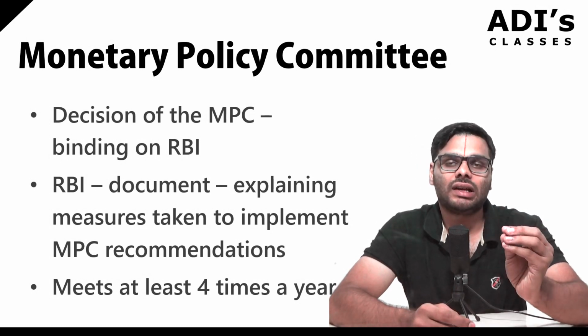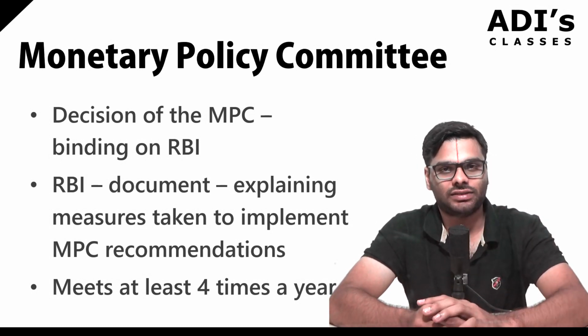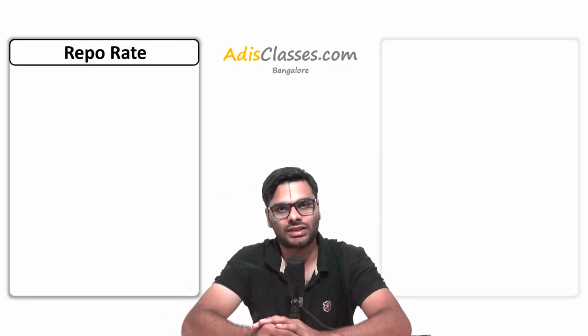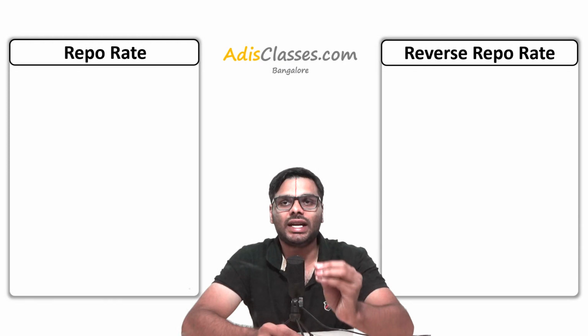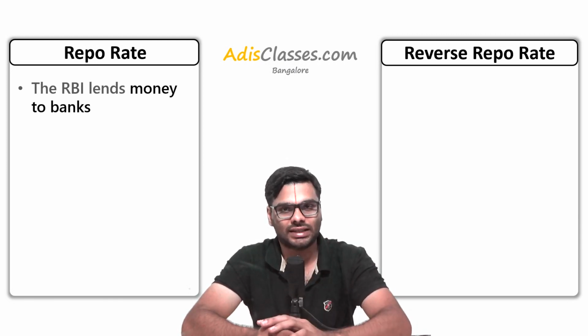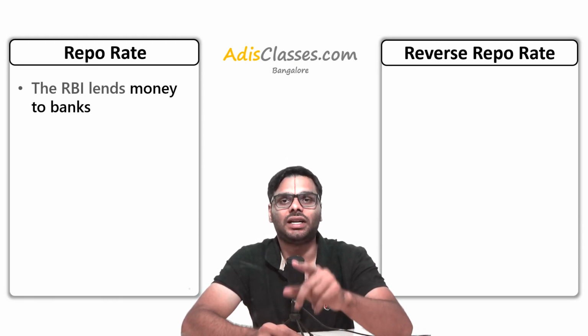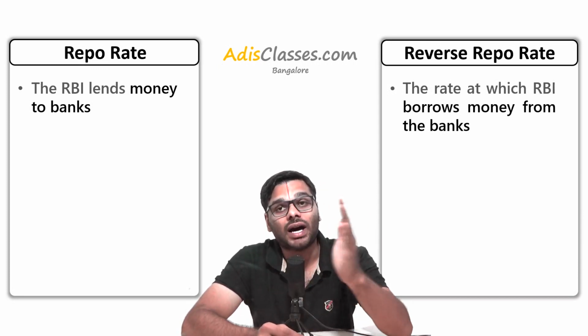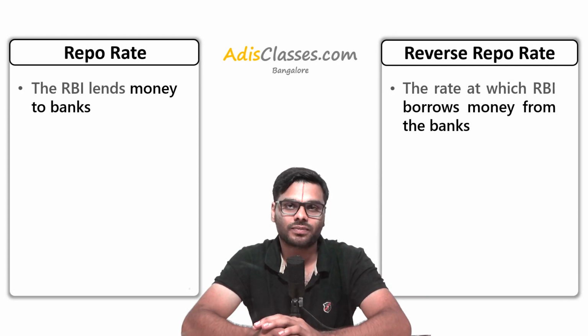So we have seen about repo rate and reverse repo rate in this video. I'll just sum it up, including some differences between repo rate and reverse repo rate. So repo rate is the rate at which the RBI lends money to the banks. Reverse repo rate is the rate at which RBI borrows money from the banks, or the rate at which the banks park their money with the RBI.